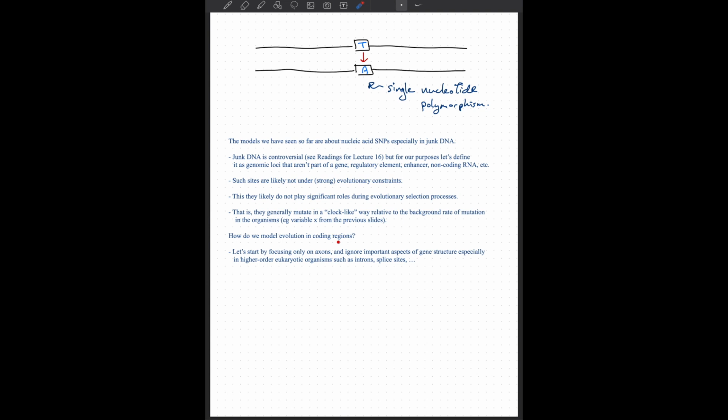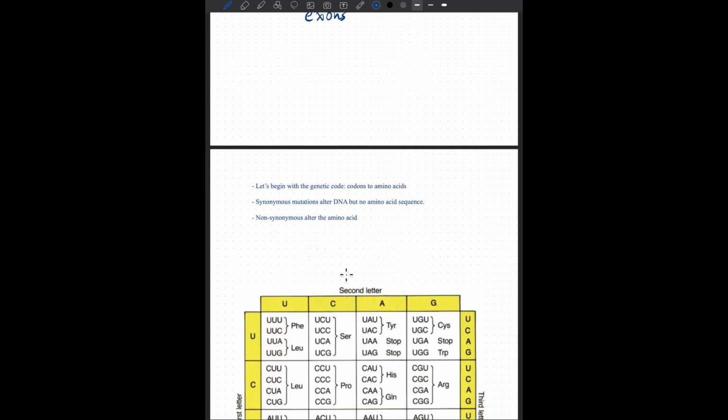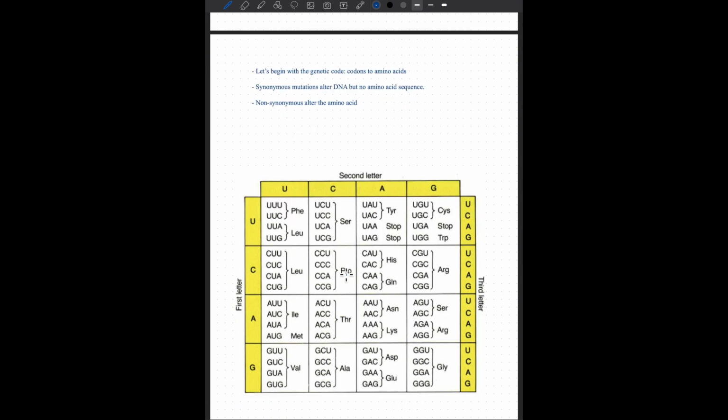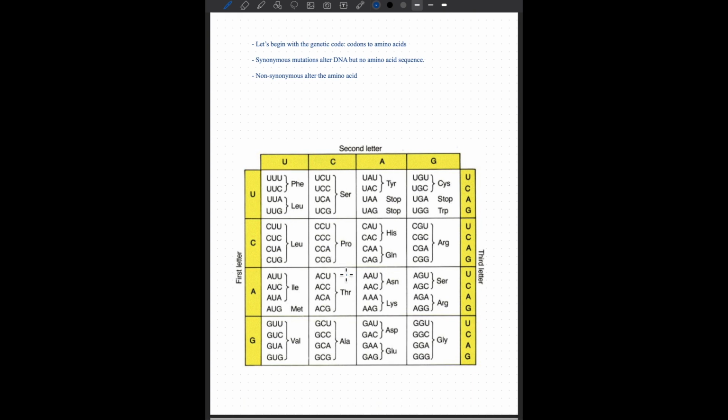Oops, this should not be axons, it should be exons. When you're in an exon, of course, you're then part of the genetic code. So your nucleic acid at any site is part of a codon, and that codon codes for a specific amino acid.